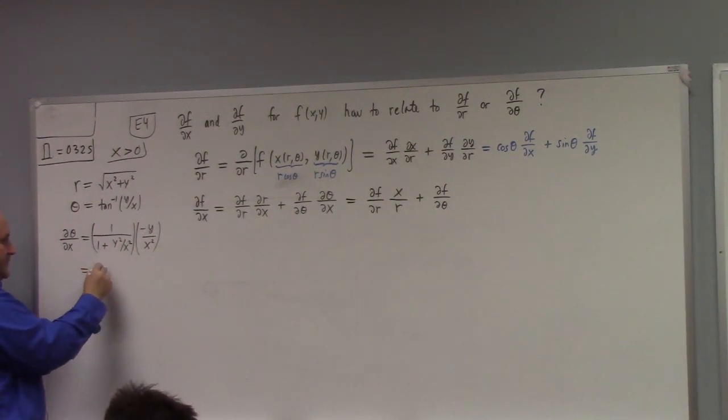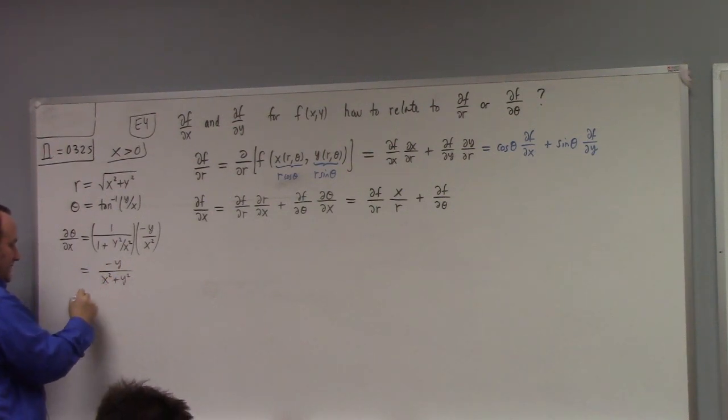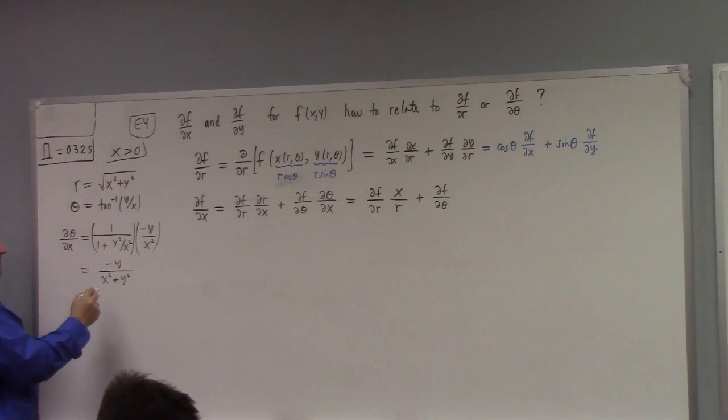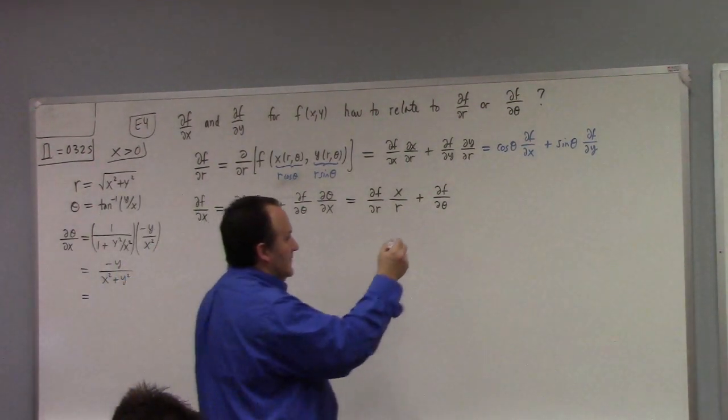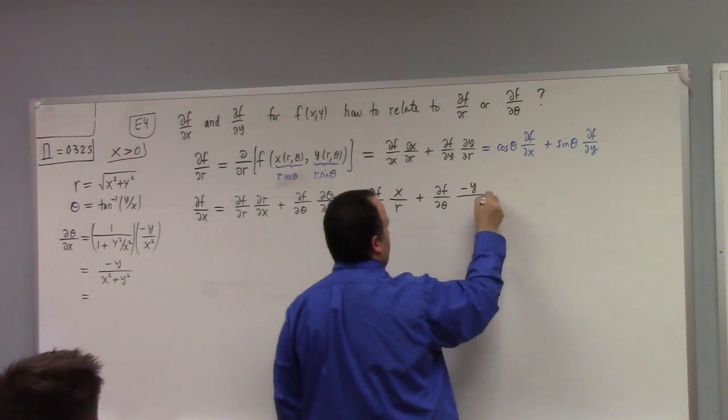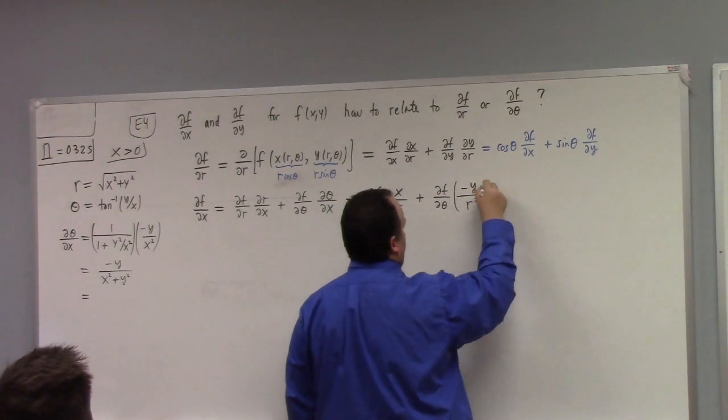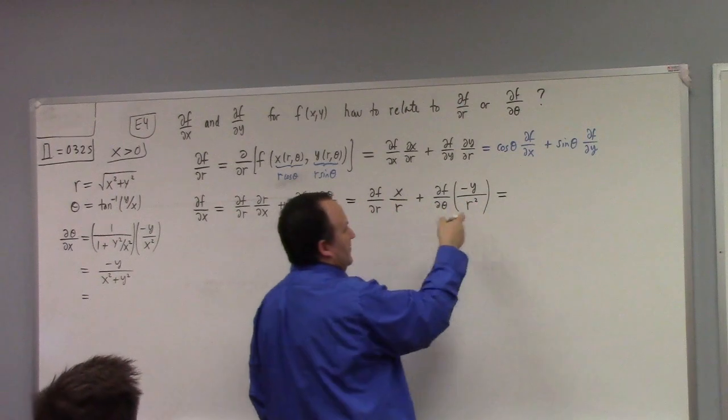That is minus y over x squared plus y squared, which we can write like that, right? So minus y over r squared. We can clean this up a bit, right?